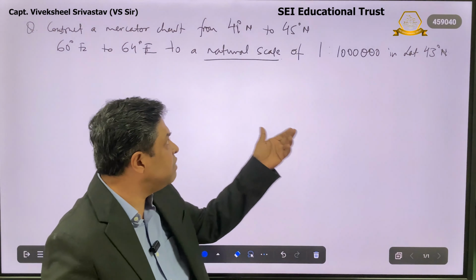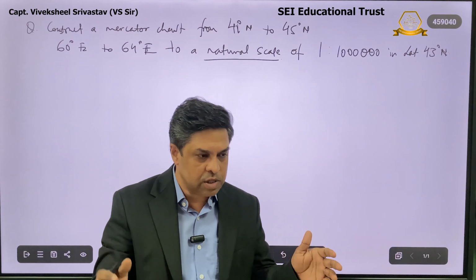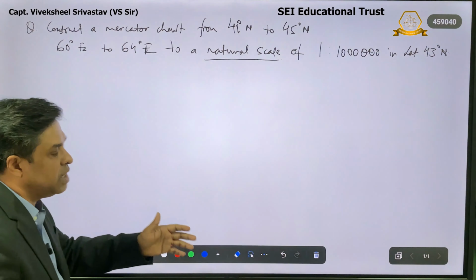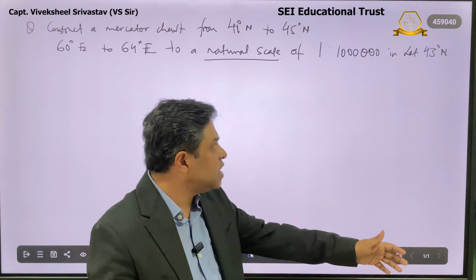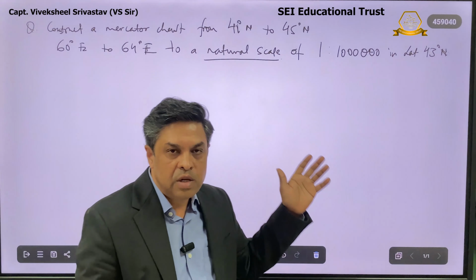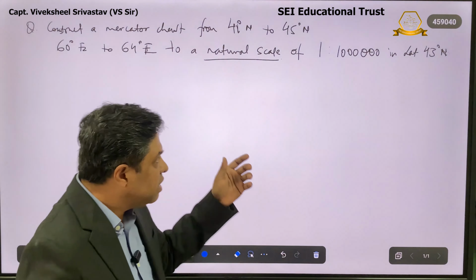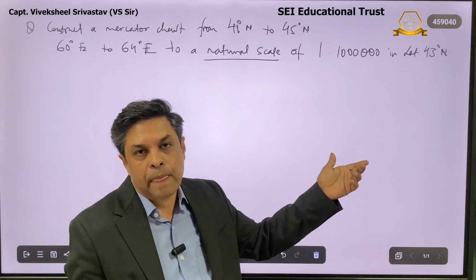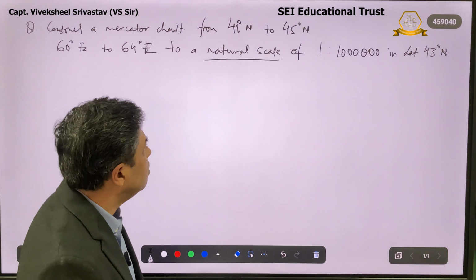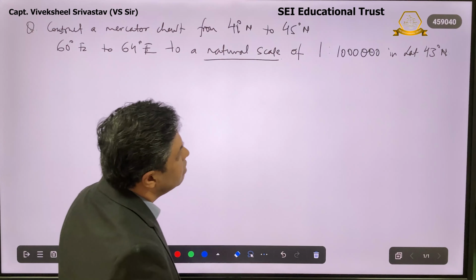So natural scale is given because of how much area you want to cover. Suppose this is my chart. Generally the nautical charts are of a standard size. So how much area you want to cover on that chart is defined by that natural scale. Okay. So 1 is to 10,000,000.